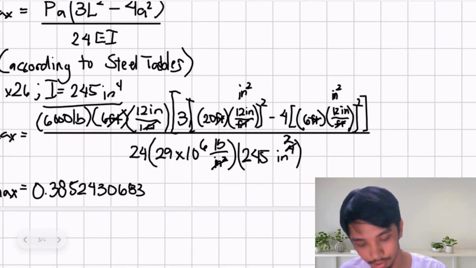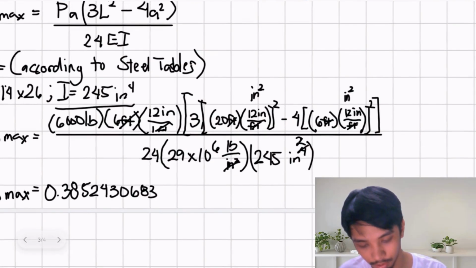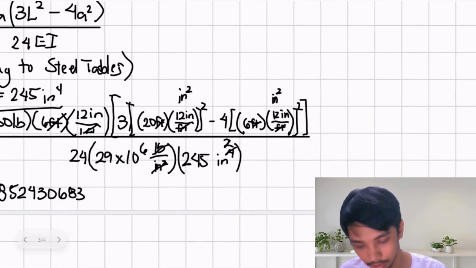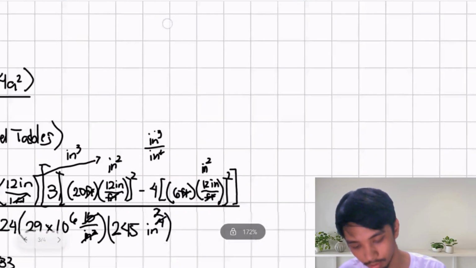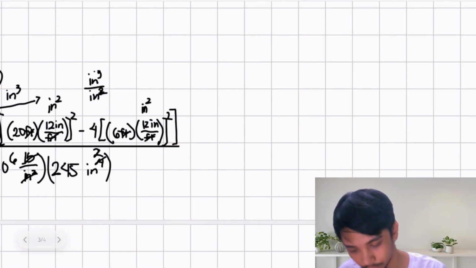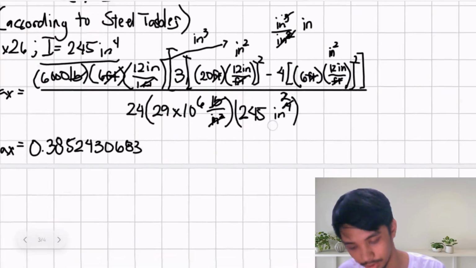This is just inch. And then the pounds are cancelled. And then this is inches multiplied by inches squared, which is inches to the 3. And then the remaining becomes inches cubed over inches squared. Now just cancel this, and the remaining is inches.